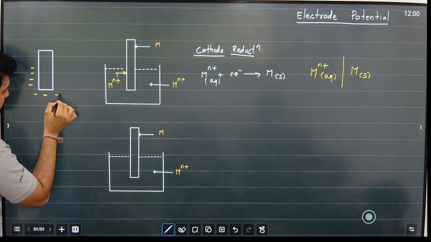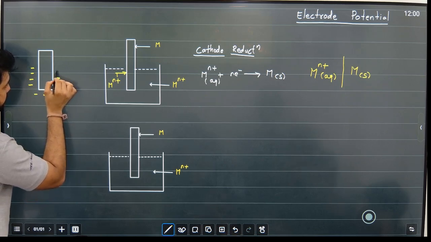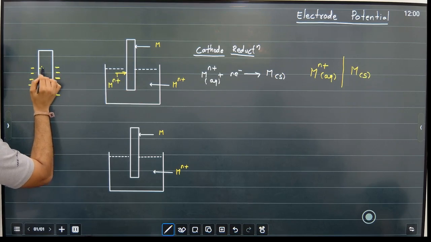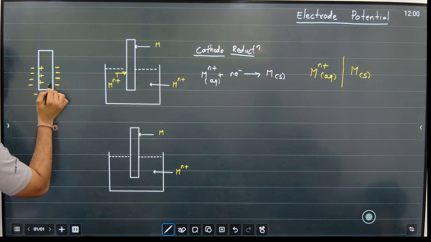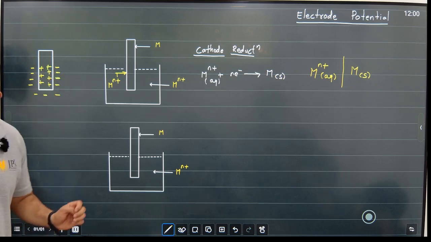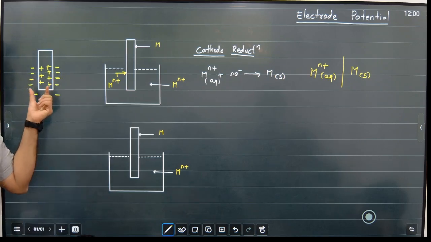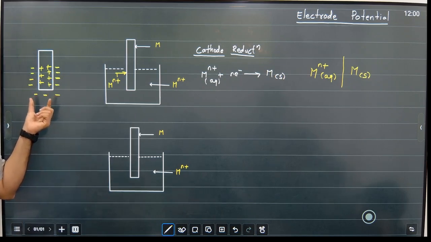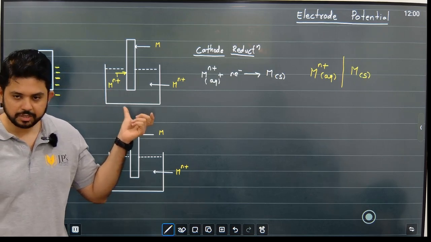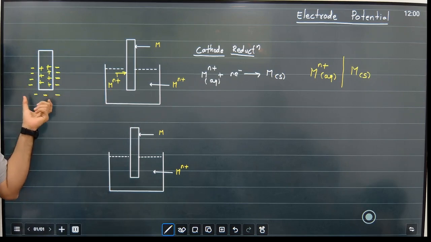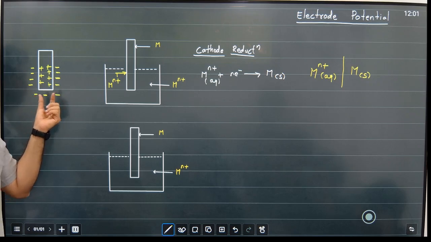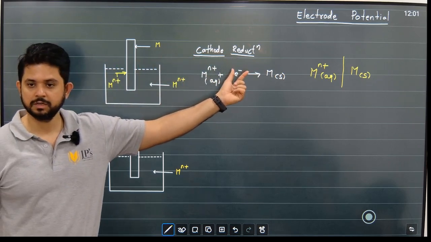Remember SO4 2 minus ions? Since all the Mn plus ions are deposited on the rod, there is this charge developed. Yes or no?